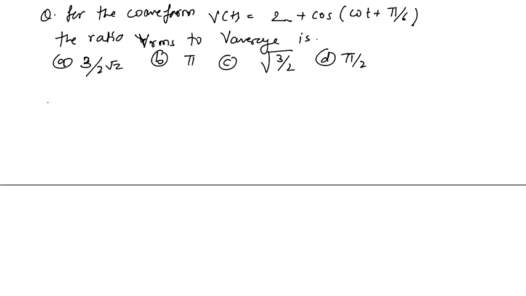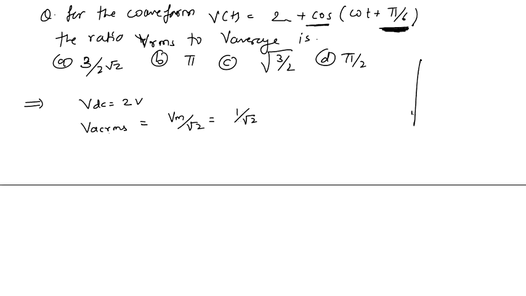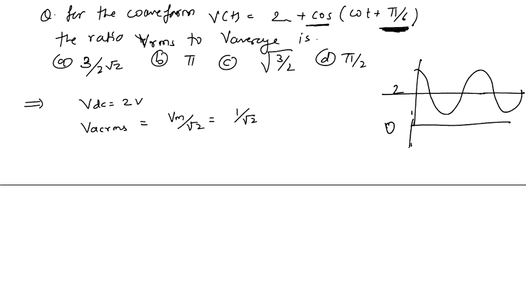Now for this waveform, from the given equation, we know that VDC equals 2 volt and VAC RMS equals Vm by root 2, which is equal to 1 by root 2. Clearly we see cos of omega t plus pi by 6; this phase does not change the RMS or DC value of the output. Now remember the cosinusoidal waveform will be like this, and the DC value will be this 2 volt, and this will be the reference voltage 0 volt.